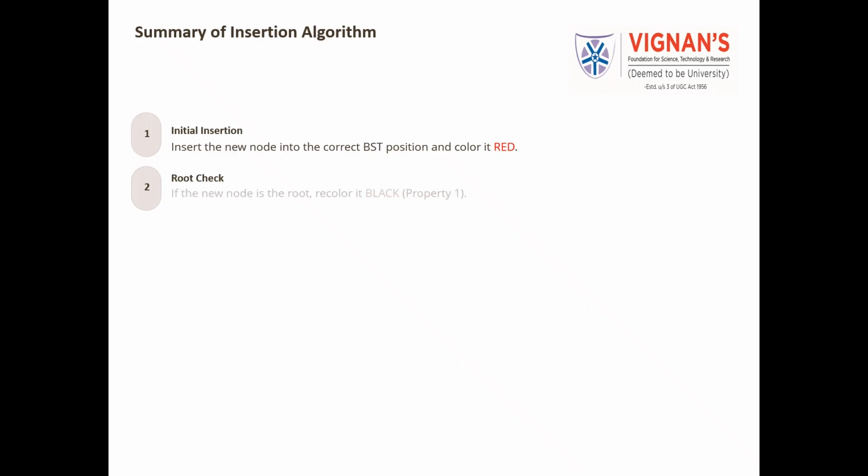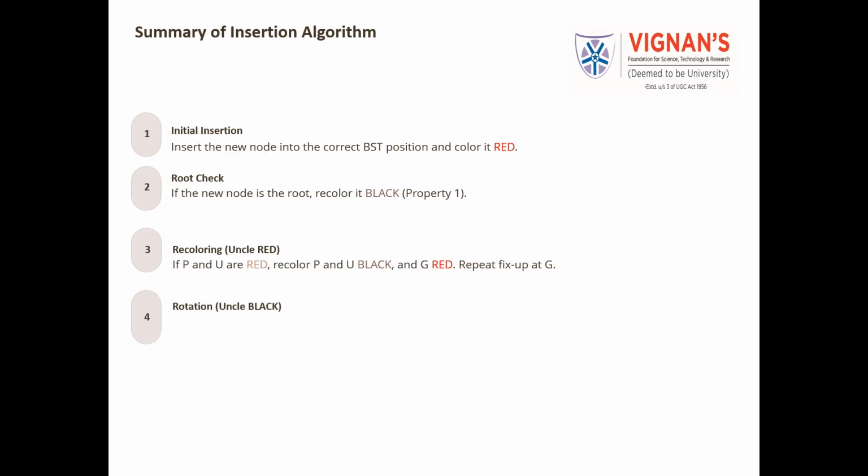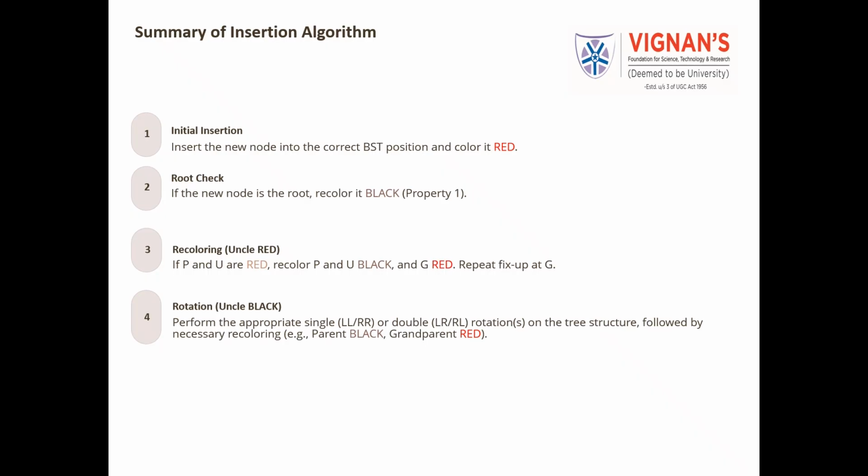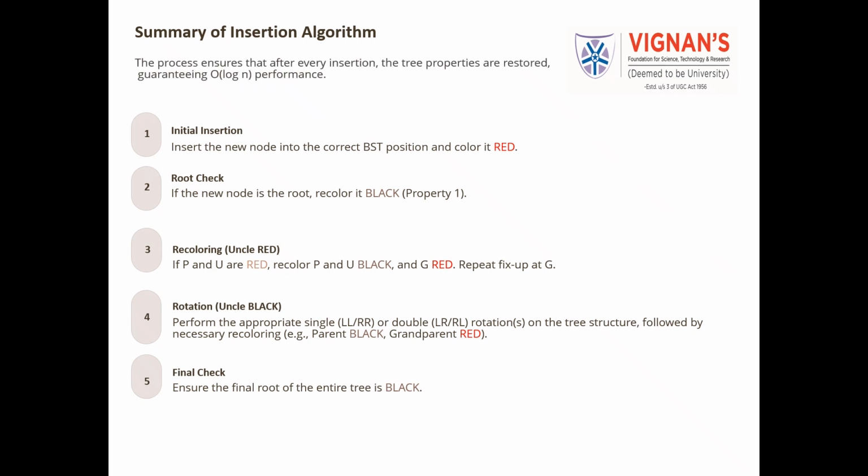If the uncle is red, recoloring is performed. If the uncle is black, appropriate rotations and recoloring are applied. Finally, the root of the tree is ensured to be black. This process guarantees that the tree maintains O(log n) performance after every insertion.